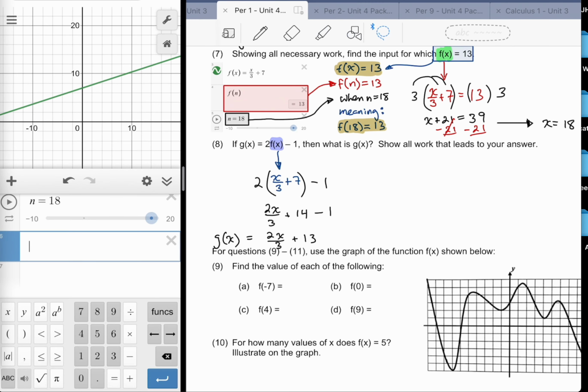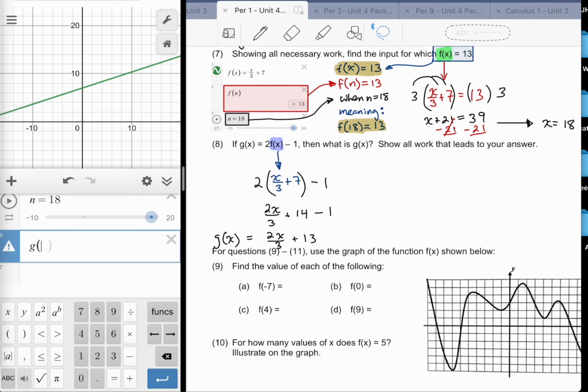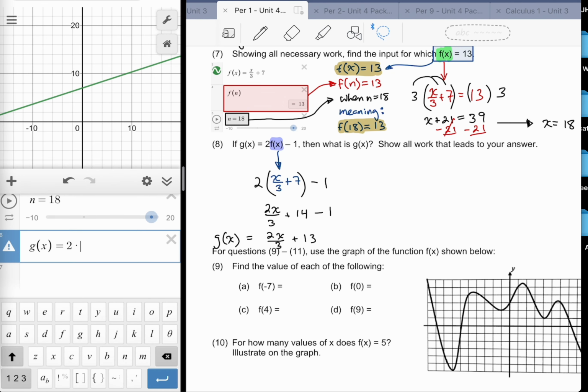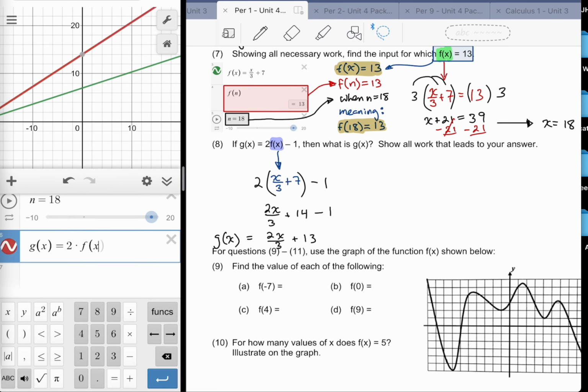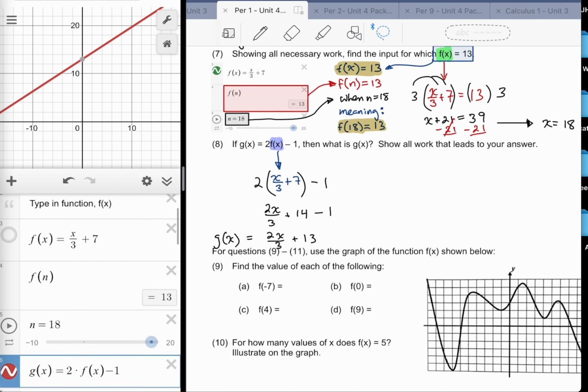But I could type in g of x equals 2 times f of x minus 1. And what it'll do is create the graph of that new function.